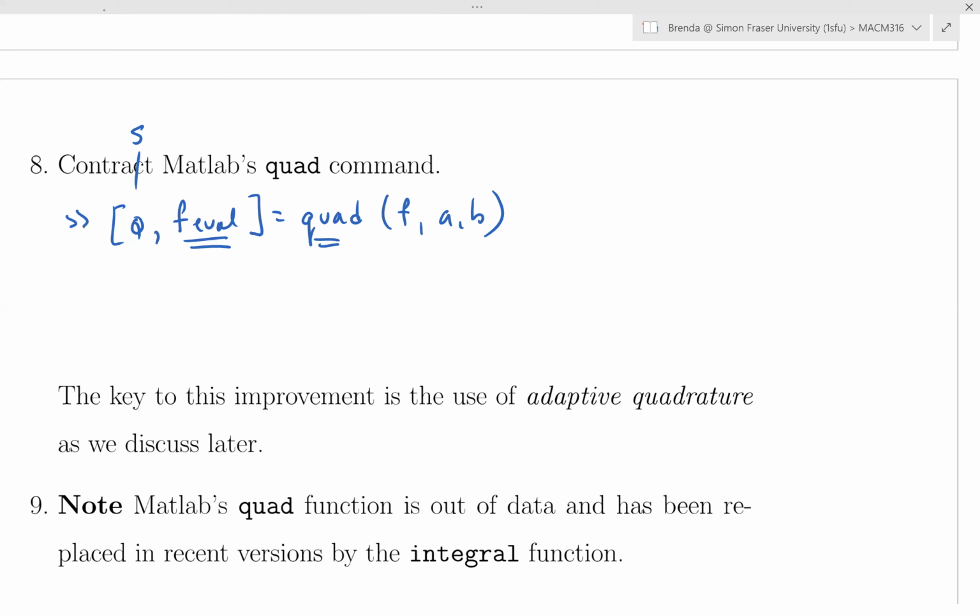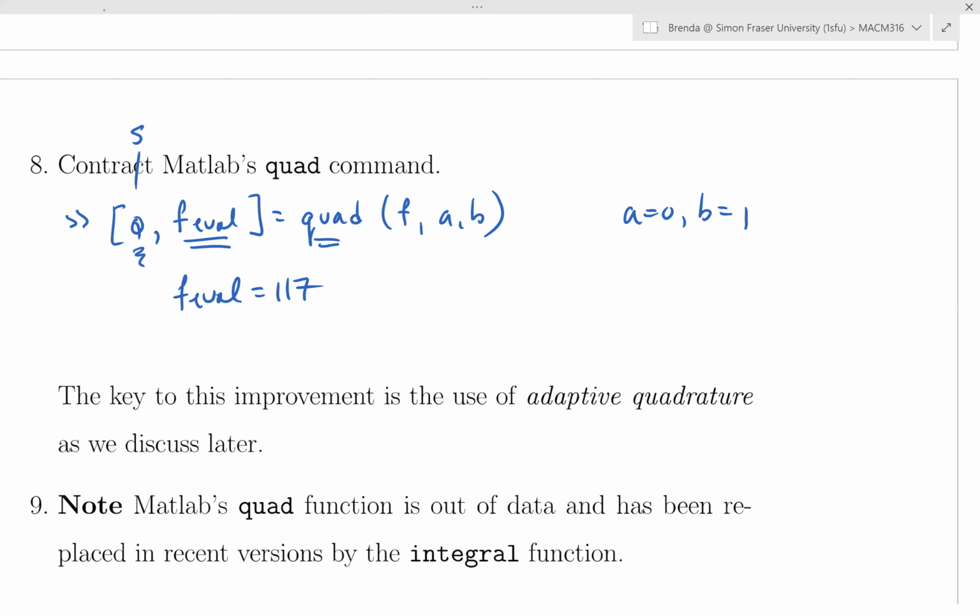So if you enter that function that we just had, with a equals 0 and b equals 1, and use the MATLAB quad command, you get an approximation for the integral, and you can ask how many function evaluations it needed. That number is equal to 117.